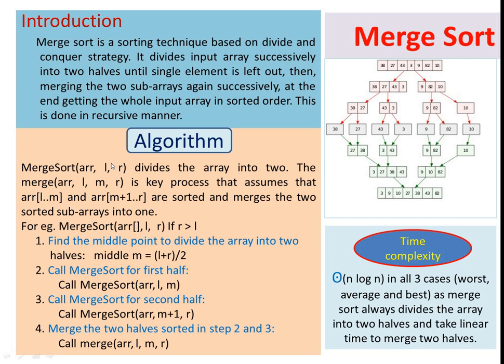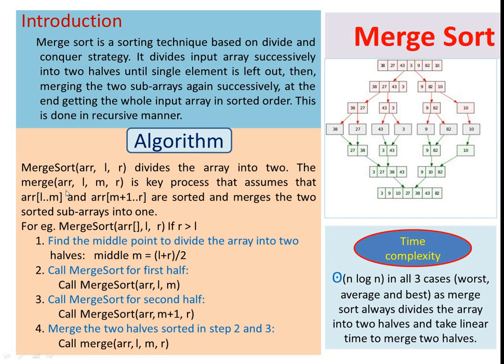The algorithm of merge sort involves two main functions, merge sort and merge. Merge sort accepts three values as parameters: the array, the lowest key index of the array, and the high index of the array, which can also be put as the left and right index, which divides the array into two.